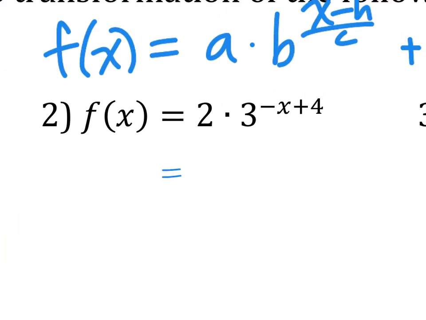All right, so let me kind of show you this, and then I'm gonna call on you to answer this for me. All right, Junior, first transformation. Left 4, that is not correct. Blake? Go right 4.